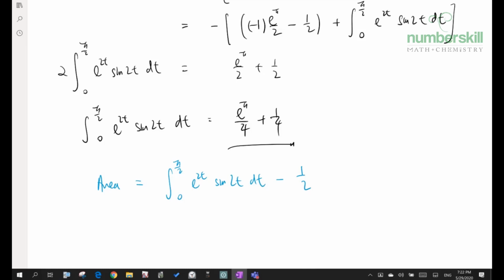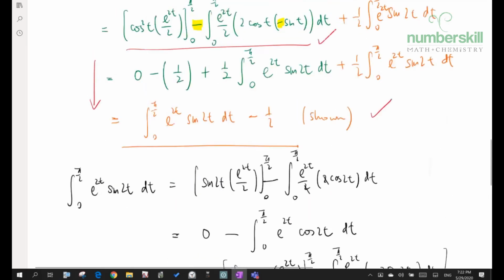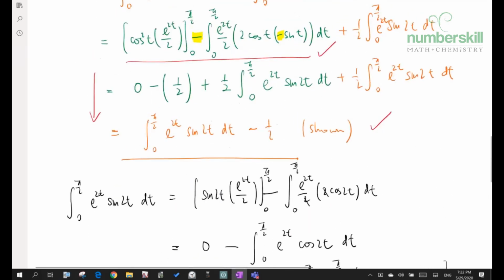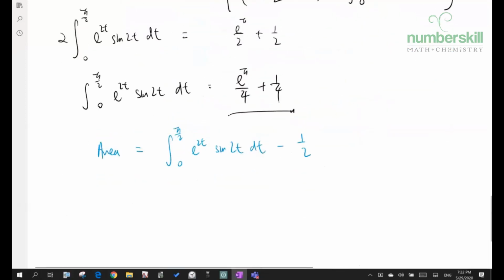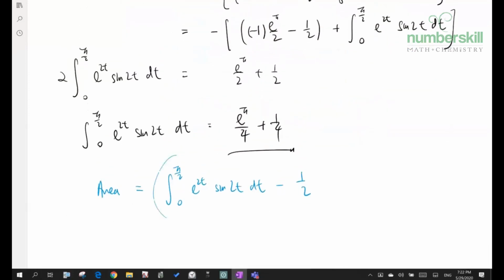Minus half or something like that. Remember this one that we try and do here? So this is the area, right? So that's the area, and pretty obvious is I just solved this. So therefore the area will be e pi over 4 plus this minus this, which is going to give you e pi over 4 minus 1 over 4.